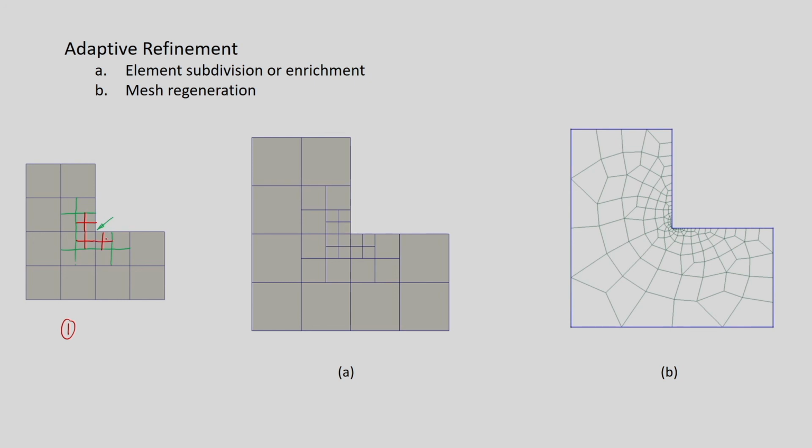So, this way we will keep on refining till our solution converges, alright. This way of refining only some of the elements, particularly those contributing more to the error, is called element subdivision or enrichment, alright.